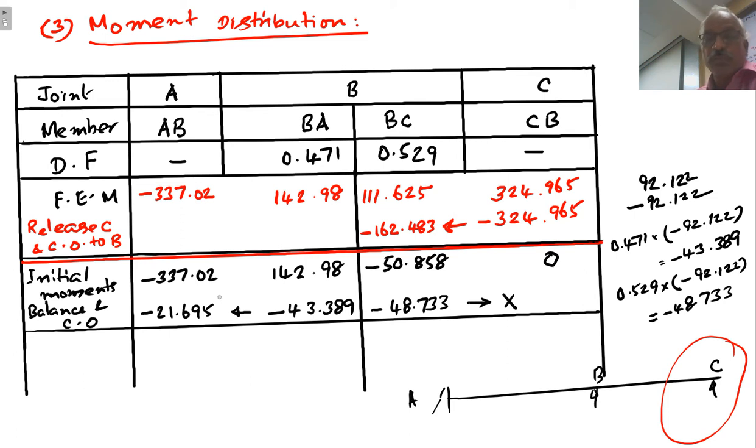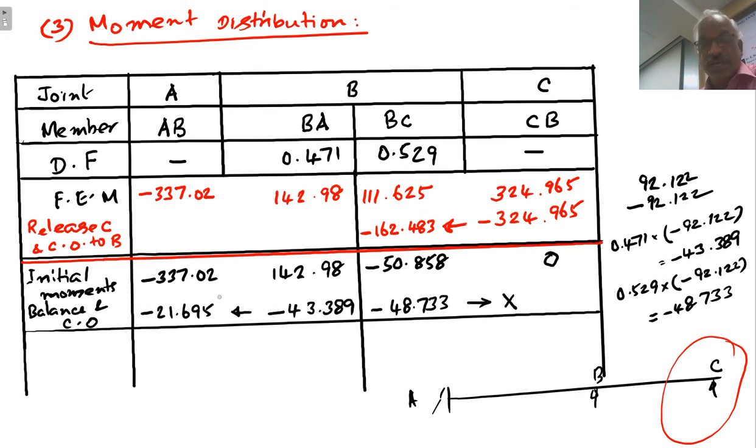Therefore, no more balancing, because the balancing of joint B will be needed only if there is any carryover from A to B, or from C to B. So A is not going to be balanced, C is not going to be balanced. Therefore, there is no chance of getting carryover moment from A or from C. Therefore, joint B is once for all finalized.